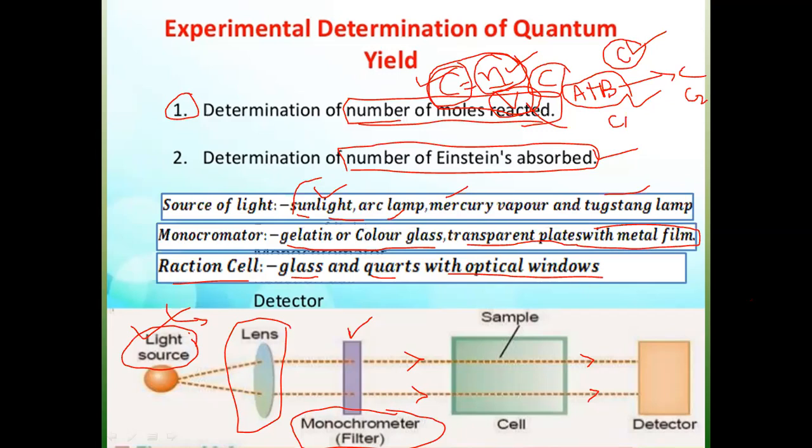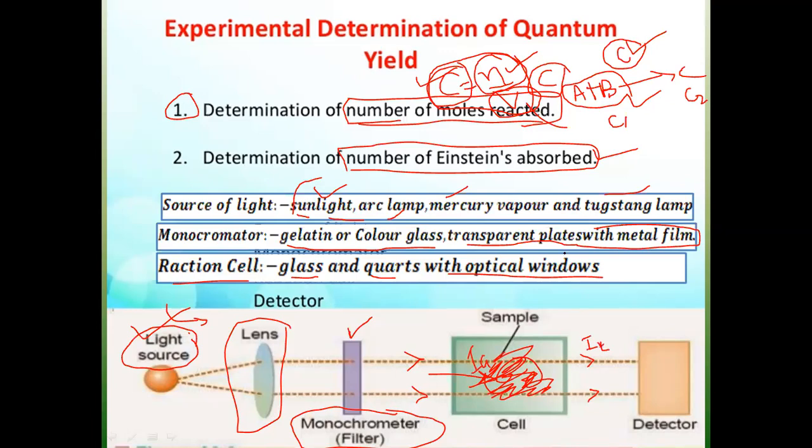The light interacts with the solution, or some homogeneous medium, in the sample. Some light intensity is absorbed, and some intensity of light is transmitted.